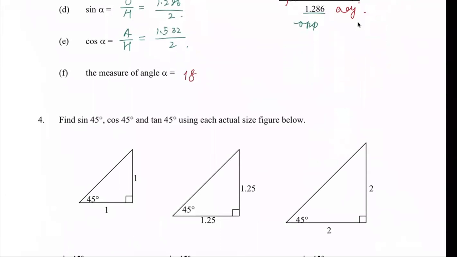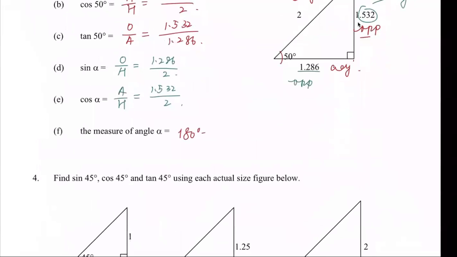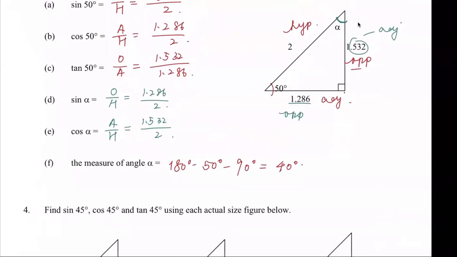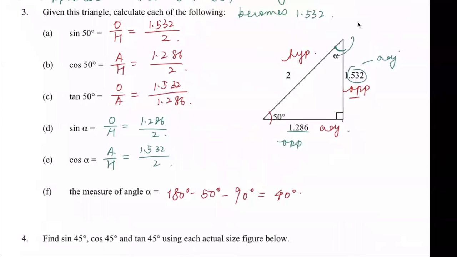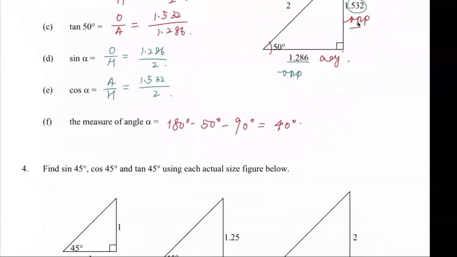So this should be 180 degrees minus 50 minus what's the other angle that's given? It's a right triangle, so there's a right angle, 90 degrees. So that'll be 40 degrees. Okay, so that means alpha over here is equal to 40 degrees.